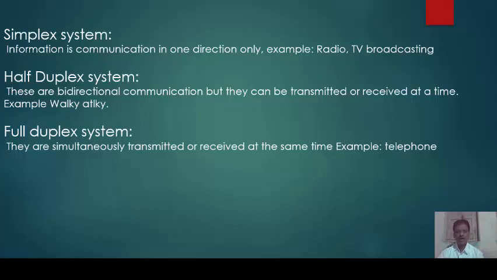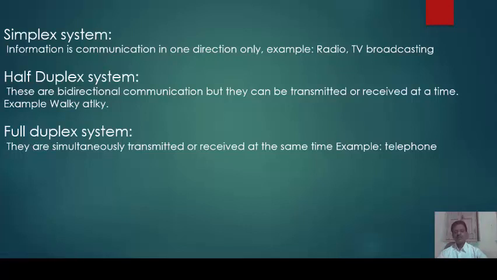The example of a half duplex system is the walkie-talkie, where the signal is transmitted and received, but at one time only.